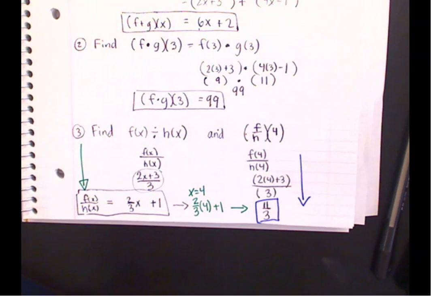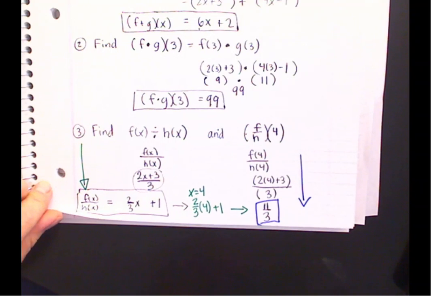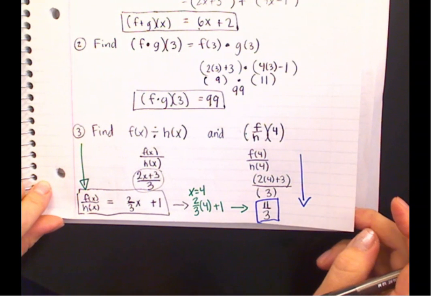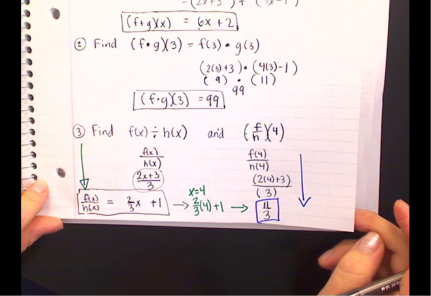Okay, add, subtract, multiply, divide. Those are review operations. We're going to add the new one. Okay, there's one new one that we're going to add today. Ready? I'm at the bottom of my page, so I'm going to flip it. Composition. This is the meat of the lesson right here.